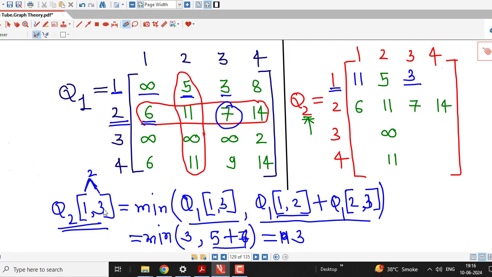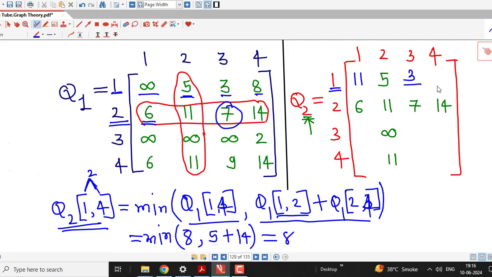Similarly, I can write for q2 of 1 4. So here I write 1 4, then 1 to 2, and from 2 to 4. Every time I have to repeat this for every entry. Q1 of 1 4 is 8 here. Q1 of 1 2 is 5, plus q1 of 2 4, which is 14.